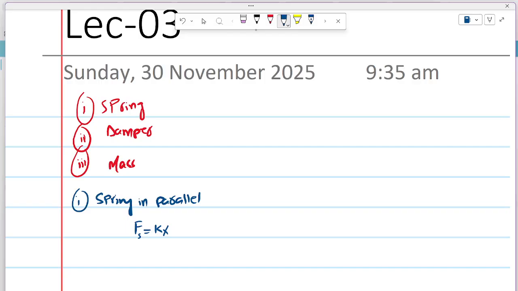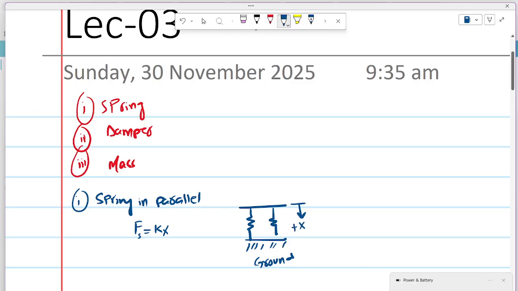Let's suppose we have a system where there's a platform that is connected with two springs which are connected to ground, and let's say an excitation was applied onto that platform in the positive x direction. So how can we write down the equation for this one?